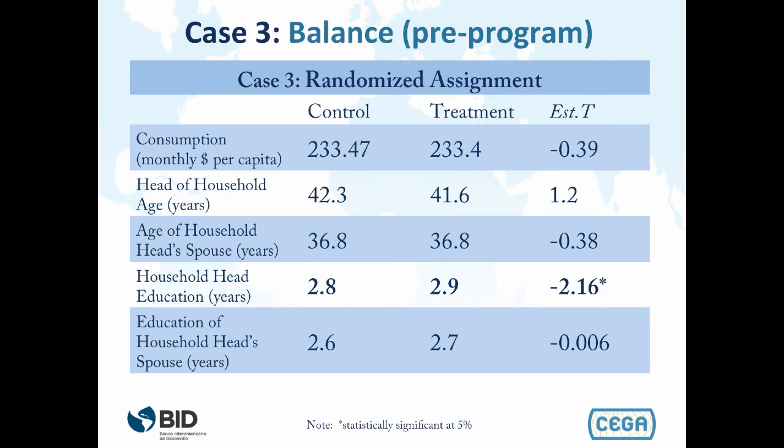Well, the reason it's statistically significantly different in the head's case, but not in the spouse's case, is there are very narrow distributions, much smaller standard deviation in the head's education than in the spouse's education. So given sampling variation and this specific variable, there's really pretty strong evidence that the samples are still balanced. We're not worried about the small statistical difference in household heads' education.